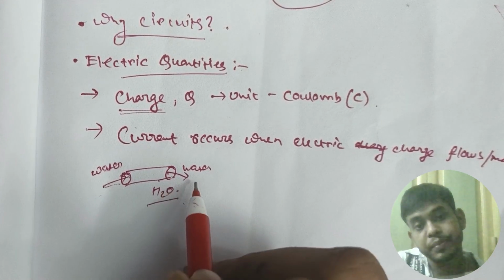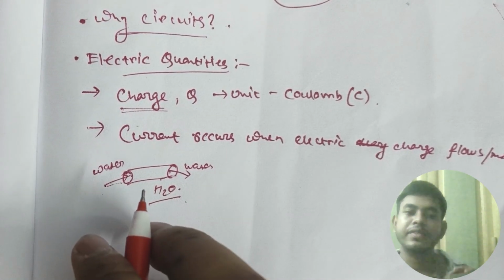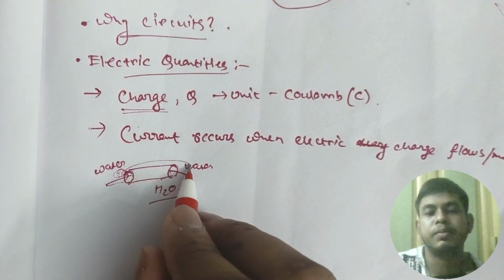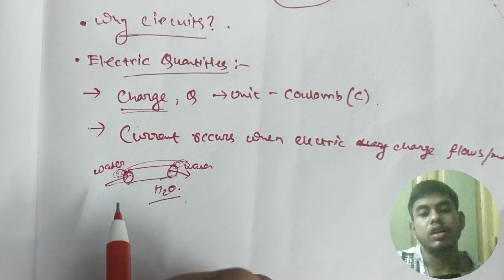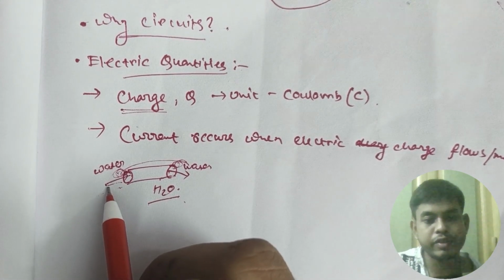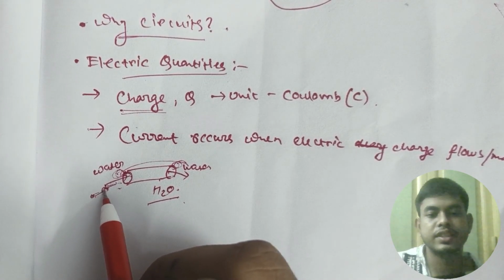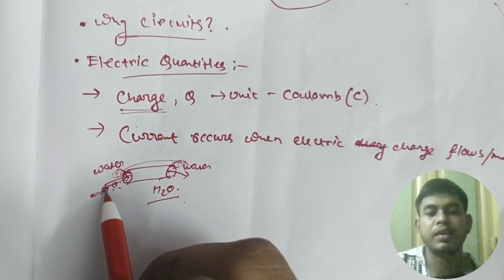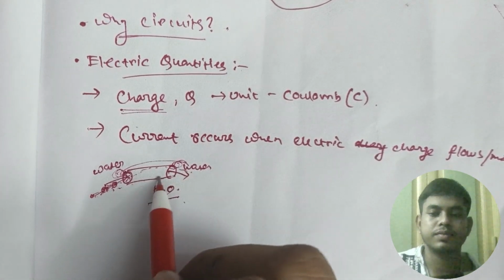Suppose in that pipe, water current moves from this place to this place. Okay. So what happens is that one molecule of H2O goes here, then one molecule takes its place, then this molecule goes here, and then some other molecule takes its place. Like that, water current moves.